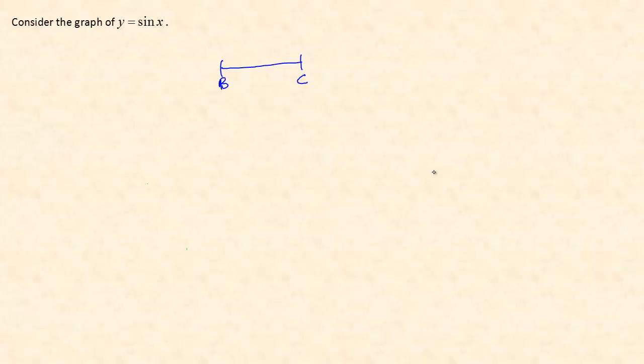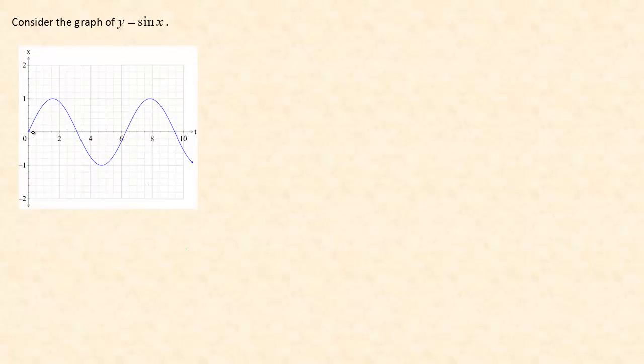So let's consider the graph of y equals sine x. We start when t is 0, x is 0. Then it goes out as t progresses to 1, comes back down to 0, goes to negative 1, comes back to 0, and continues in that way.